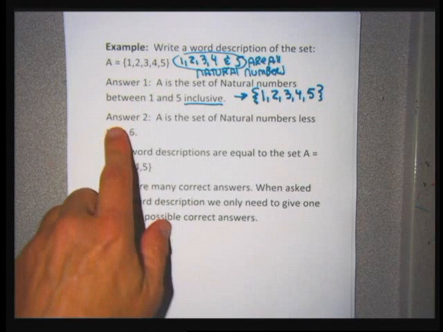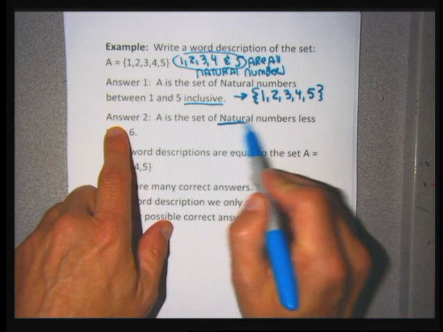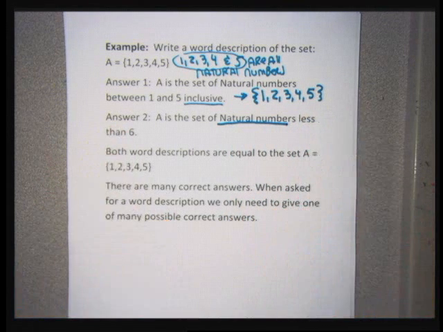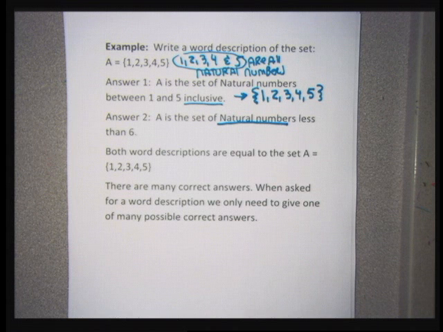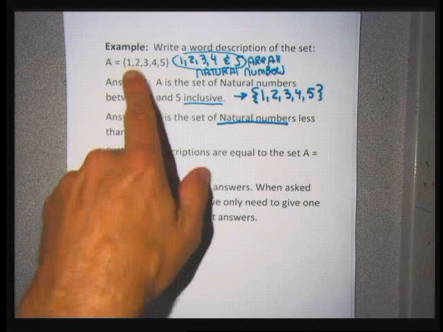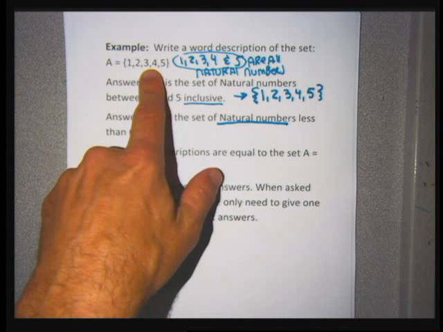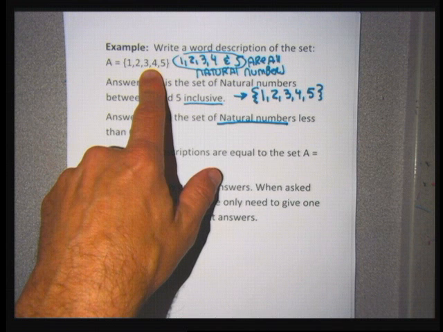And so my second attempt at an answer to this, again, I just used the words natural numbers in my problem, because when I put the words natural numbers in, that means that I can't have fractions nor decimals. And when I look at my set, there aren't any fractions or decimals, so natural numbers felt good to say.